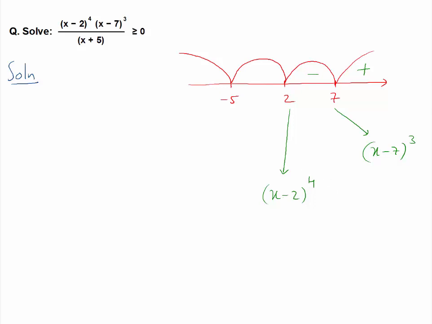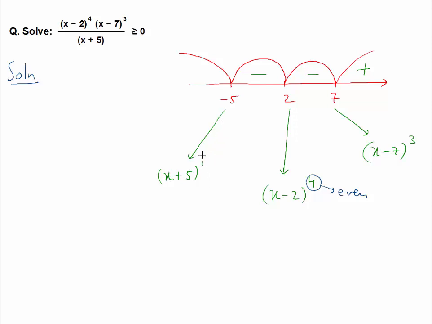As we see, this 4 is even, so there will not be any sign change when we cross 2. So this is minus and will remain minus. Now the third one is x plus 5, and we see the power is 1.